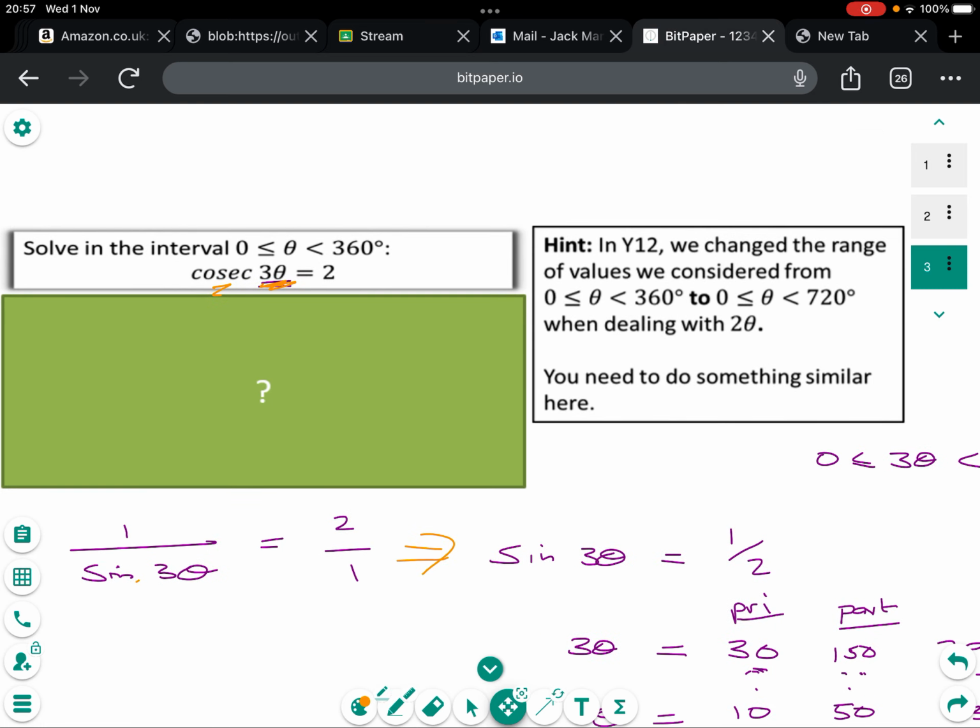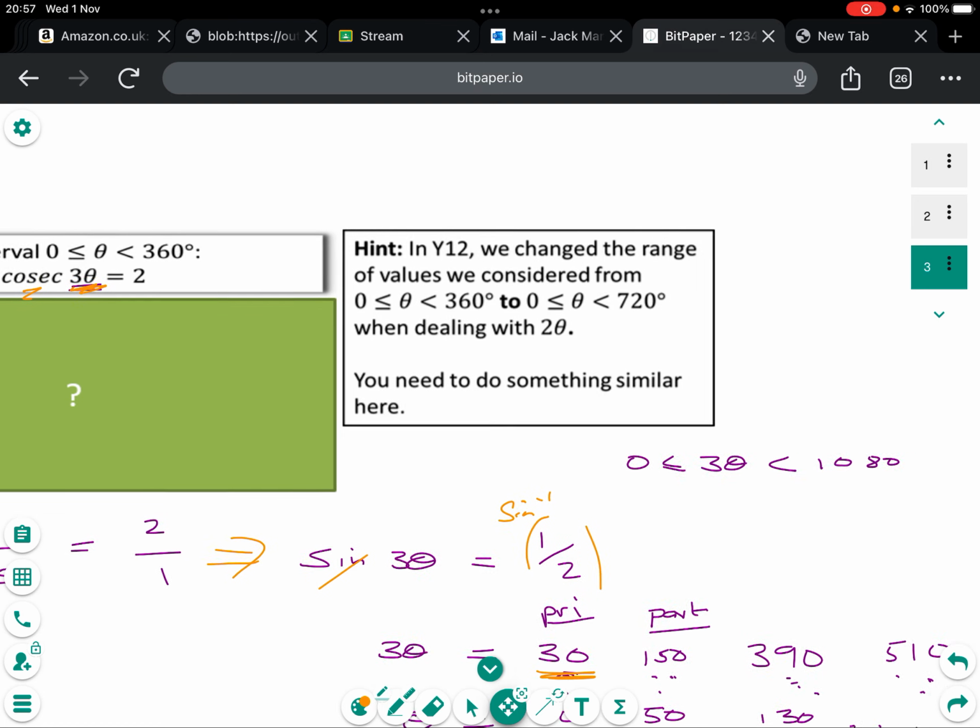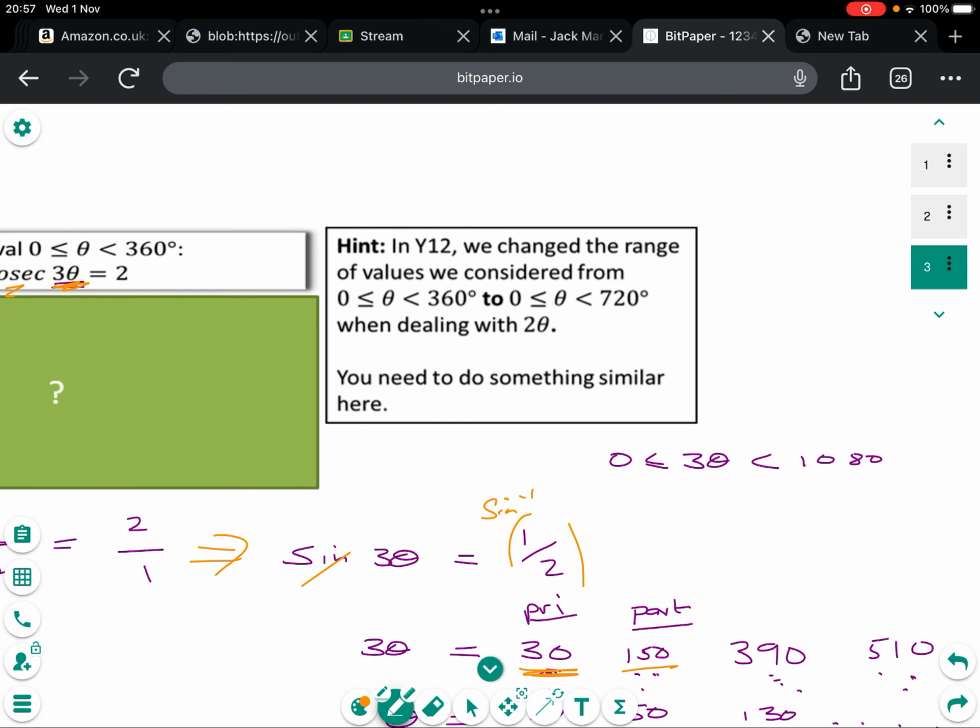When you do inverse sine on both sides, you will get 30 on your calculator. That's your principal value. But this is the time, please, to get all the other values. So 180 minus that is the rule for principal and partner for sine. And then I'm adding 360s onto these to get my other values.